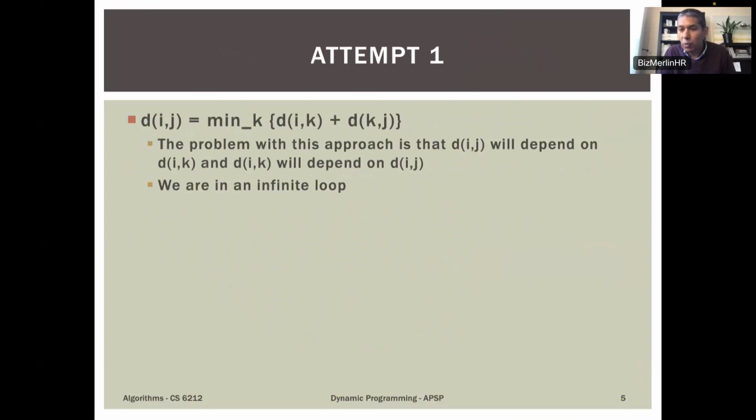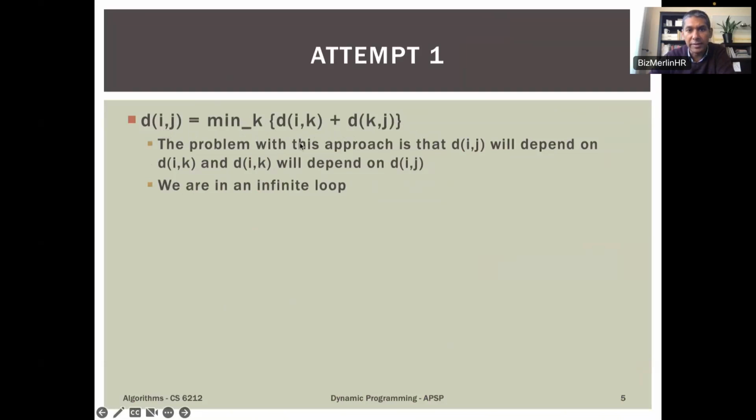Okay, so what would be our first attempt? If we wanted to write a recursive formulation, we could write it like this: dij is equal to the minimum over all nodes k of dik plus dkj. Essentially, we are trying to say that between i and j, we'll go to some intermediate node k, and then we'll go to the final node j.